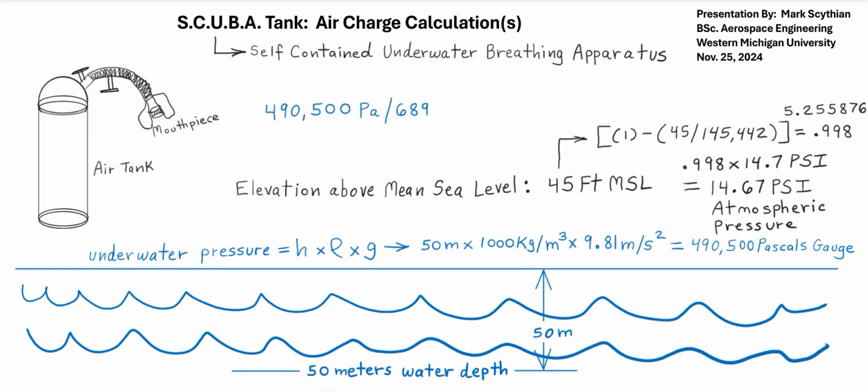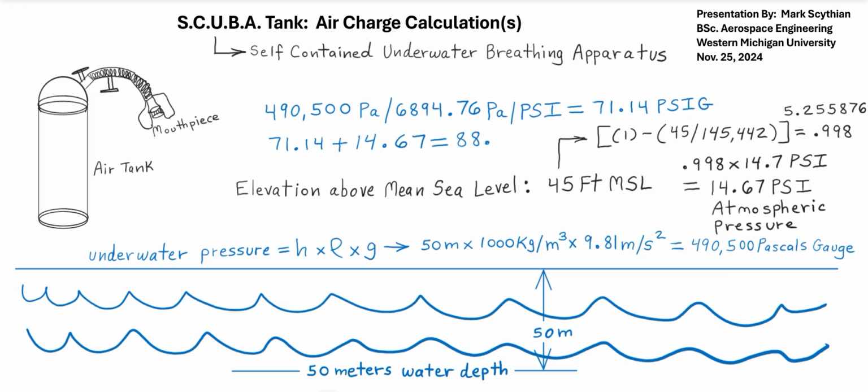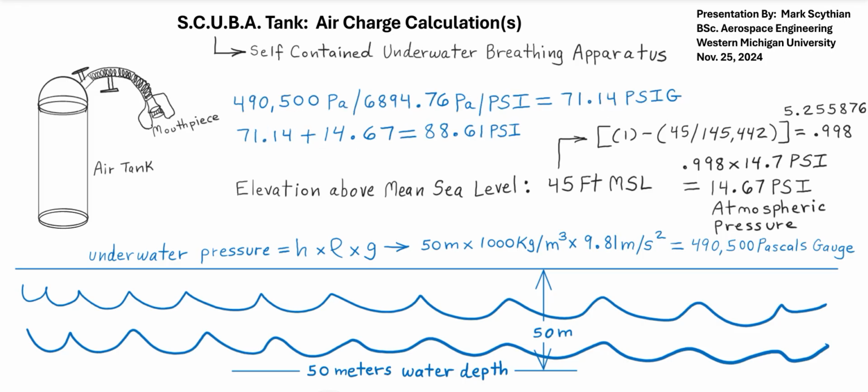So then we can convert the 490.5 kilopascals of water gauge pressure to its psi gauge pressure equivalent, and then simply add the atmospheric pressure to that value.